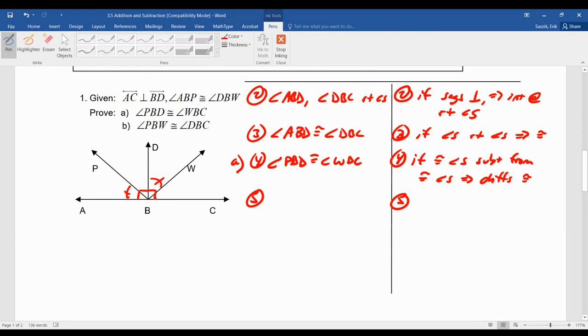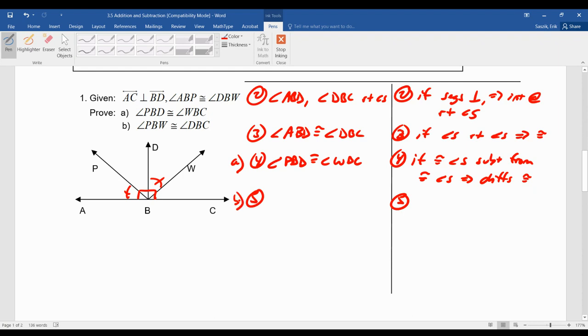Okay. Now it goes on in part B to say that angle PBW is congruent to angle DWC. But now remember, we just said that this angle here is congruent to that angle there, and we want this whole thing congruent to that whole thing. So the result's going to share this. If we add the same angle to two congruent angles, then the sums are congruent.